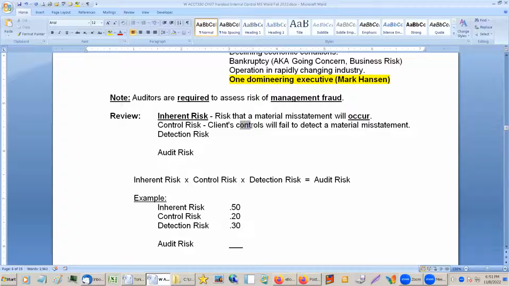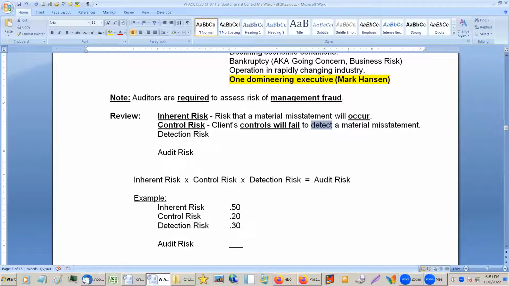The client's controls will fail to detect. So control risk is the risk that the client will basically fail to detect the material misstatements. Let me change that, because this is detection risk and I don't want to muddle it. Will fail to identify.